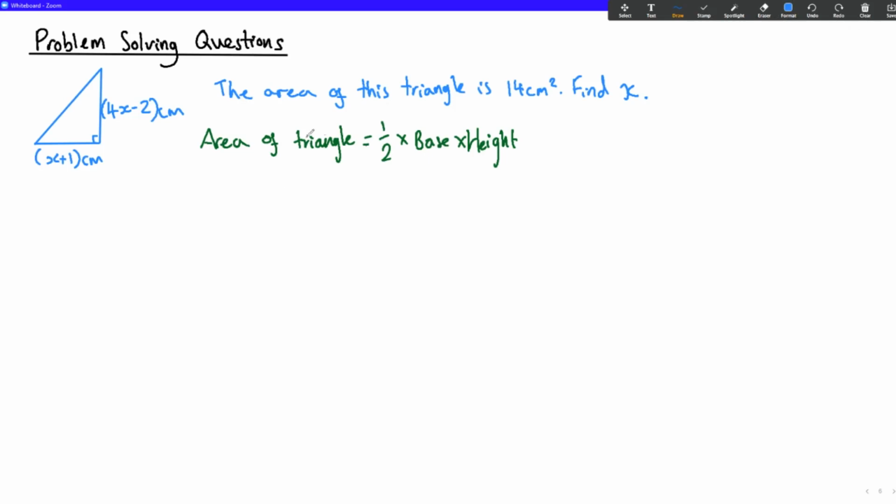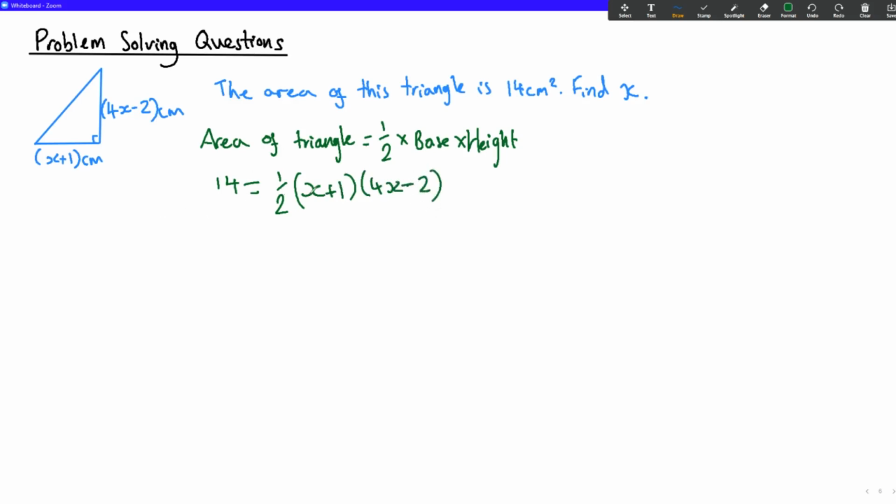So now what we can do is we can substitute values in for each of these. So the area is 14, tells us in the question, and that's a half times by the base, which is x plus 1, times by the height, which is 4x minus 2, like so.